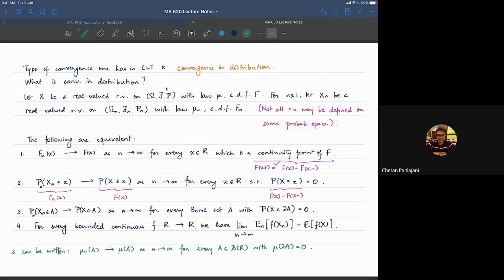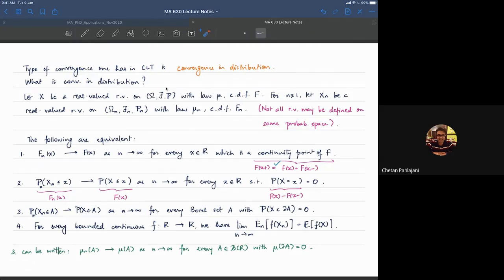Number 3 was written in terms of the probability of X falling in a Borel set. Of course, that is the same as saying the law of X hitting that Borel set.